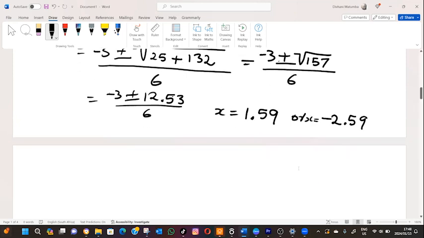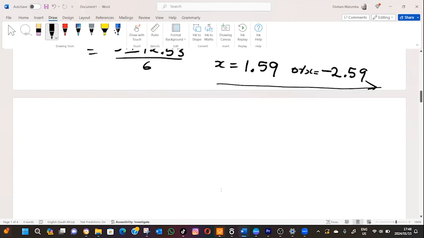Now, these are the two solutions that we have. I will always advise you guys to use the quadratic equation, regardless of whether the solution is a fraction or not. So we are done with number 2.